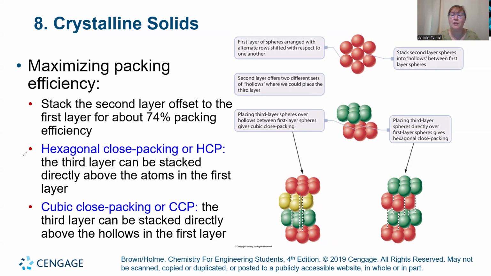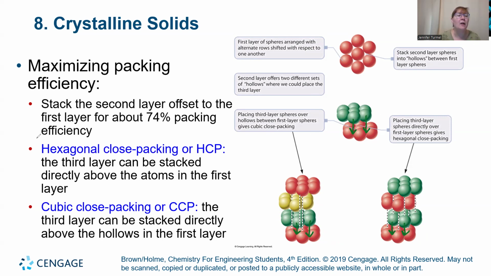In both of these, we have our second layer directly above the hollows in the first layer, and you can see that that is the case in both of these. So layer 2 is above the spaces or the hollows in both of them.